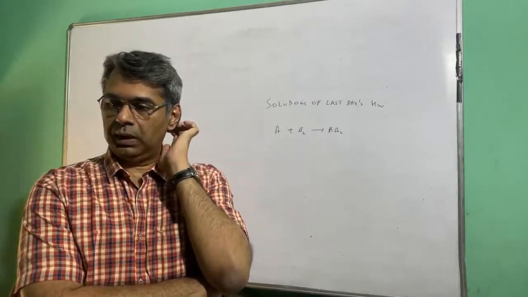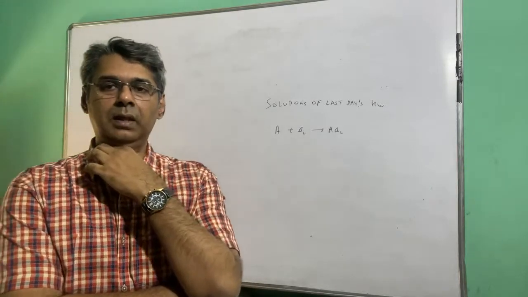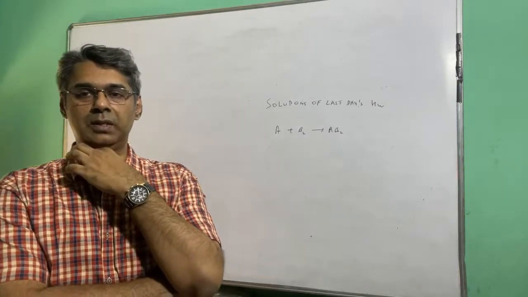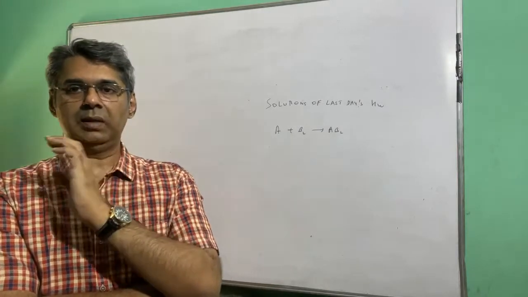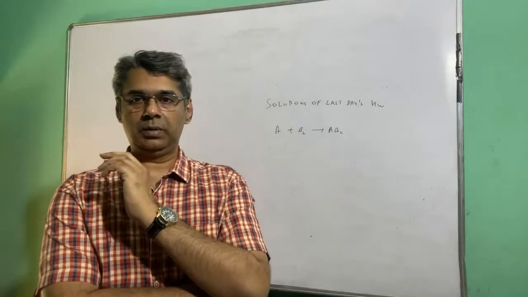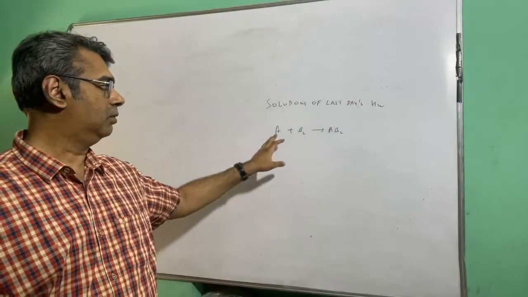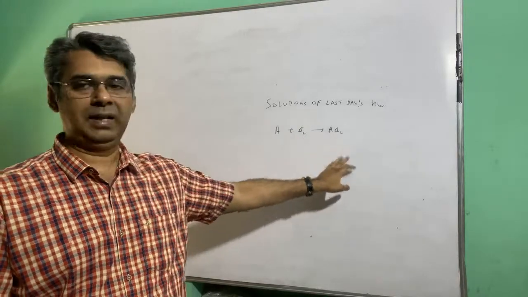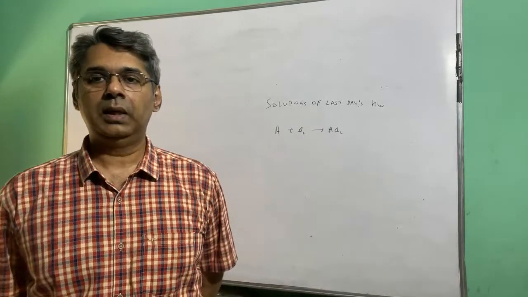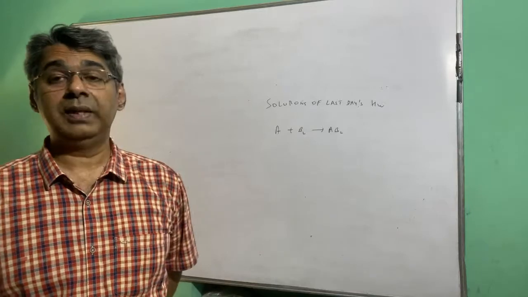You have studied in the lower classes that a mole is 6.02 into 10 to the power 23. So you can say 1 mole of A atoms and 1 mole of B2 molecules react to give 1 mole of AB2 molecules. Why do we say mole?